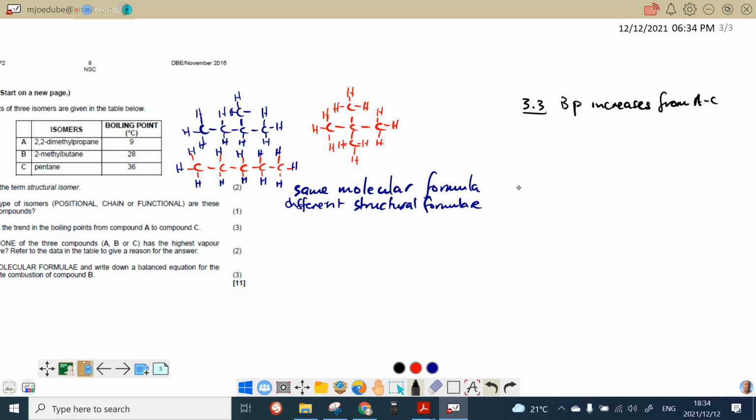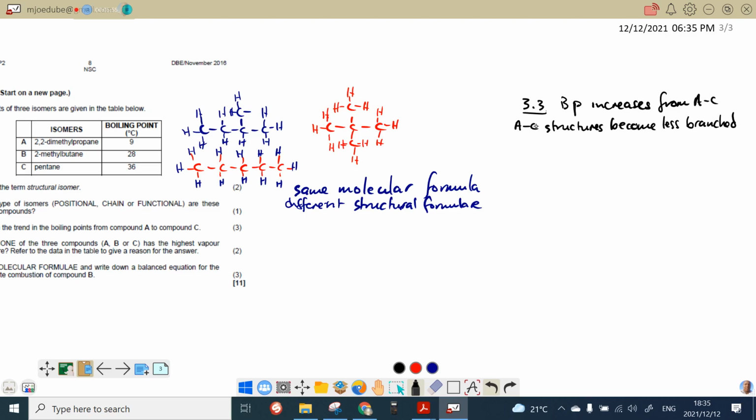And the explanation, as we are saying, is one, from A to C the structures become less branched. If the structures are less branched or less compact or less spherical, it means that they're going to have a larger surface, or they become longer chains.